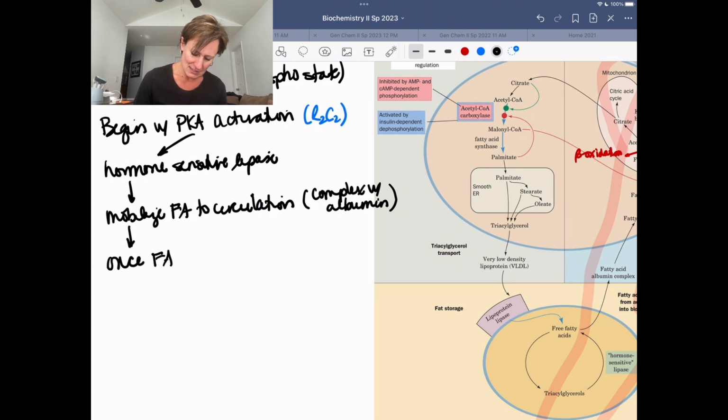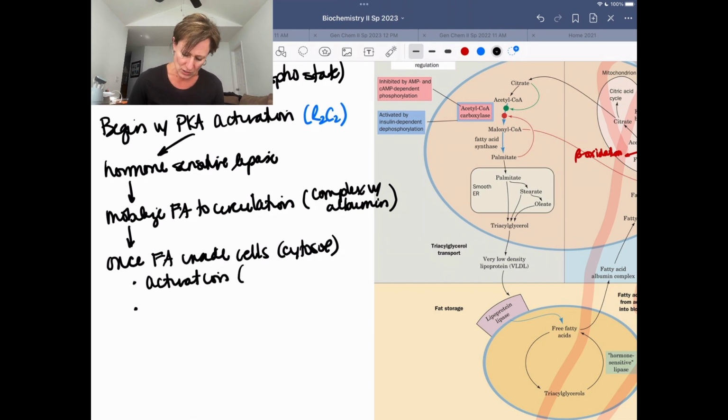So once the fatty acids are inside the cells, specifically in the cytosol, two steps need to happen. We need to have activation, which means we are going to attach it to CoA, which was our blue derby hat.